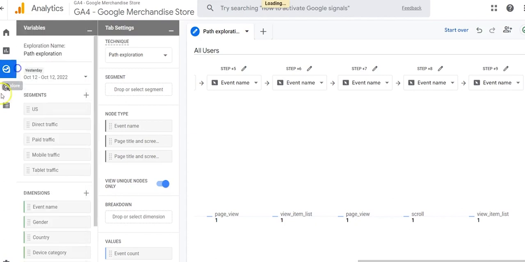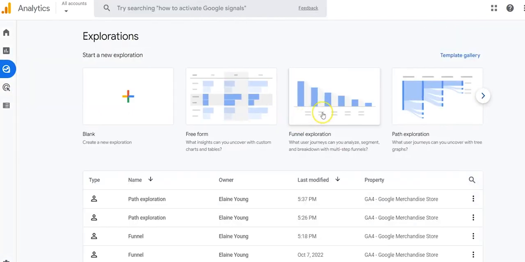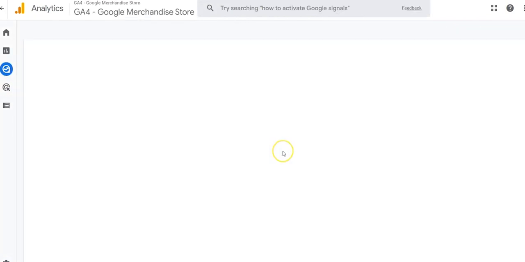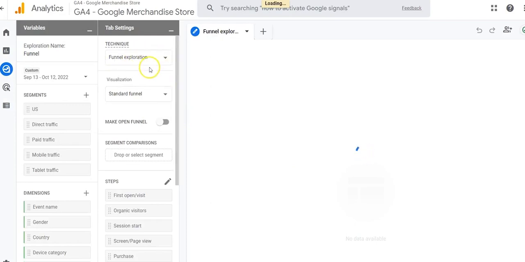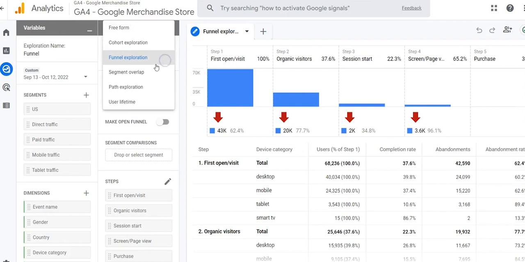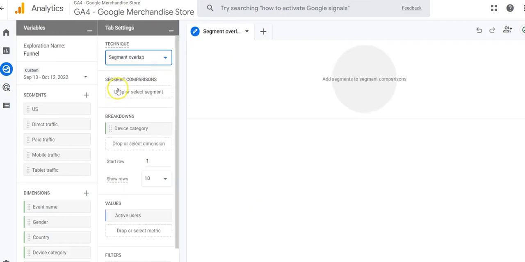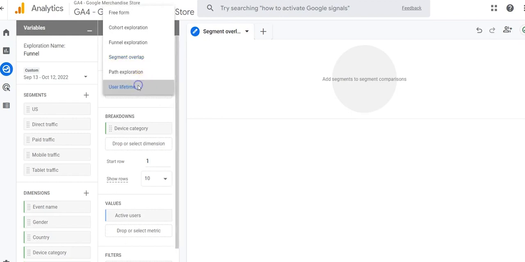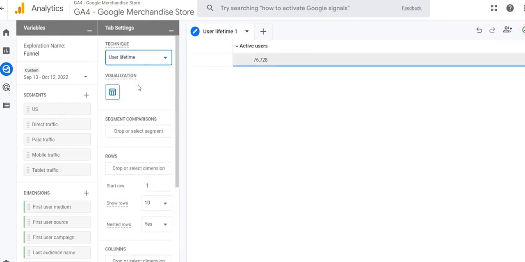Very simply, you come here to explore. You can click funnel exploration. You can also just stay in this same window. And at any time, you can say you want to do a segment overlap, and then you identify your segments. You can look at a user lifetime. And you can ask for a visualization of a table if you want.